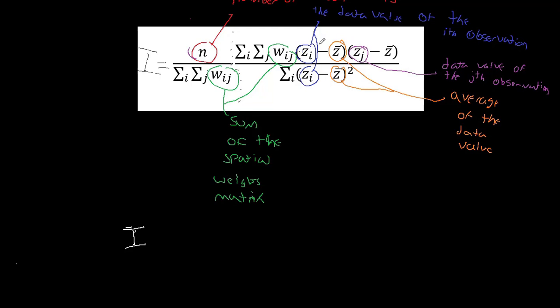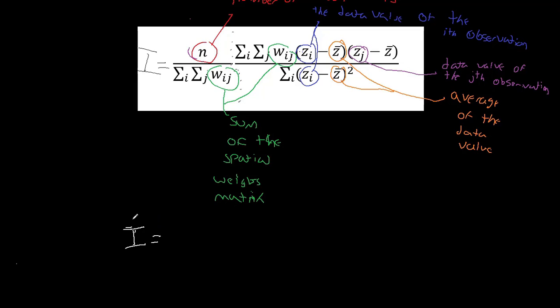These are 2 different observations. So the closer they are, the closer this goes to 1. The farther apart they are, the farther away this deviates from 1. So this is a measure of the difference between values and their neighboring polygons' values relative to the values of the polygons themselves. So this is similar to that lagged means. It's just taking into account, it's a little more complicated.